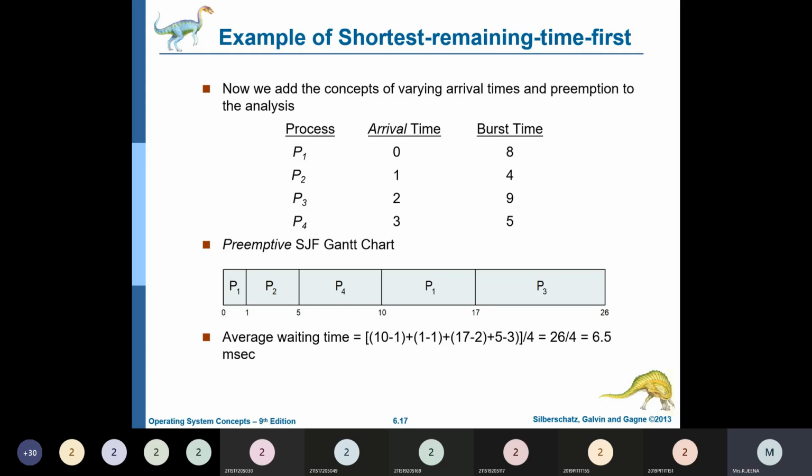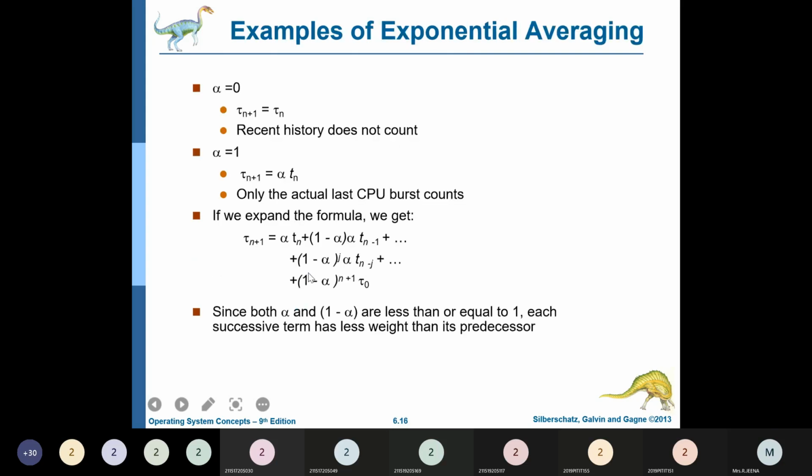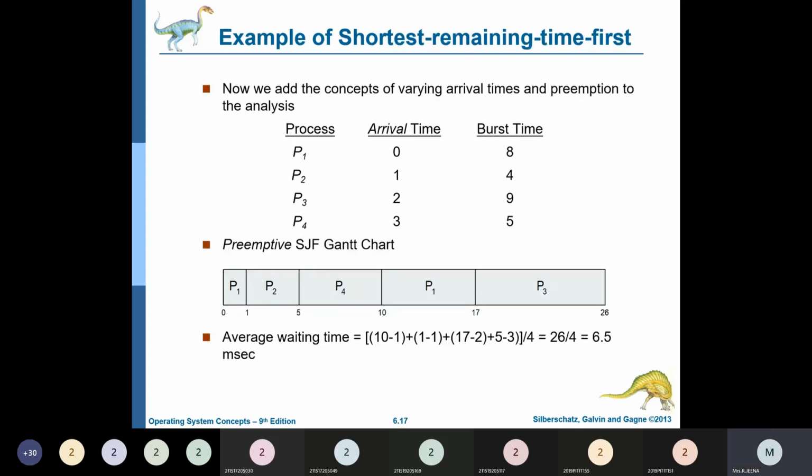Since P1 has completed only 1 unit, it has to again go through the 7 remaining units. So it will again be scheduled after P4. By calculating this, the average waiting time would be 6.5 milliseconds.